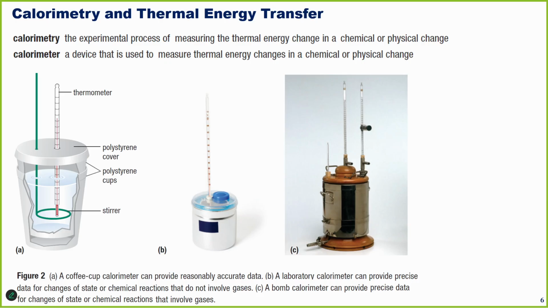A calorimeter is a device used to measure energy changes during a physical or chemical change. The design of calorimeters varies. So you can see figure 2 shows 3 examples of calorimeters.